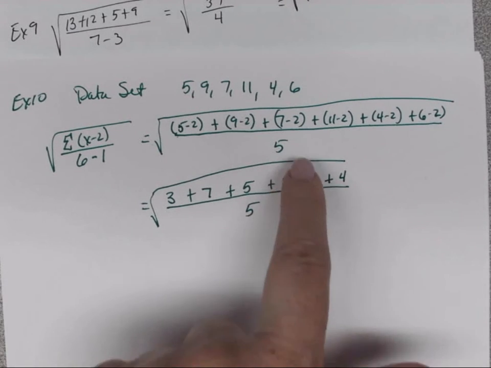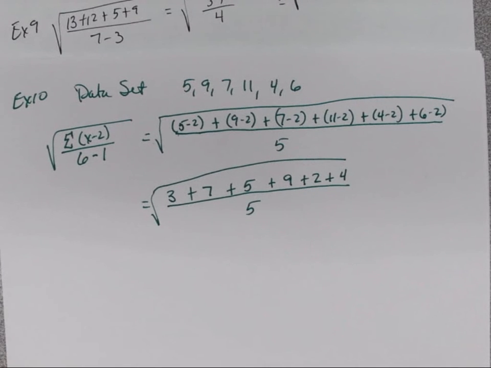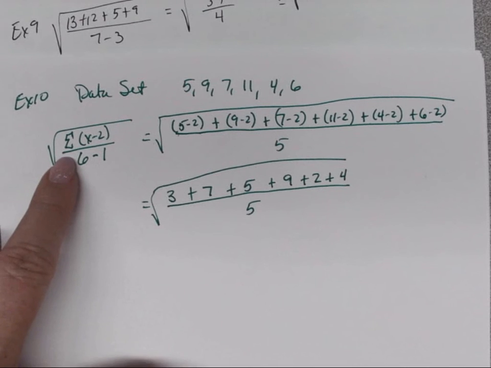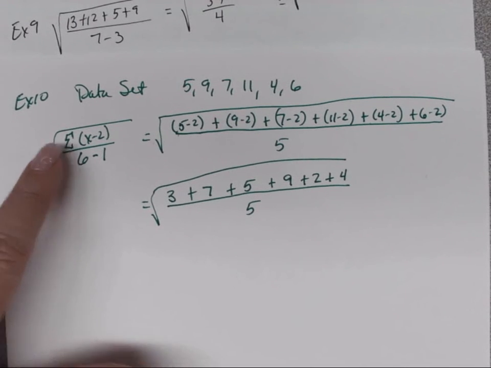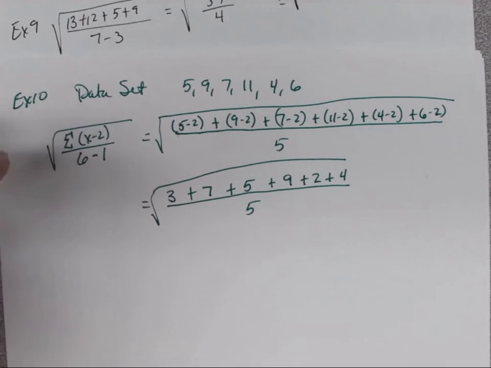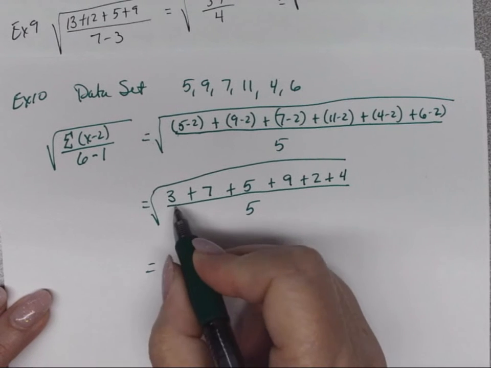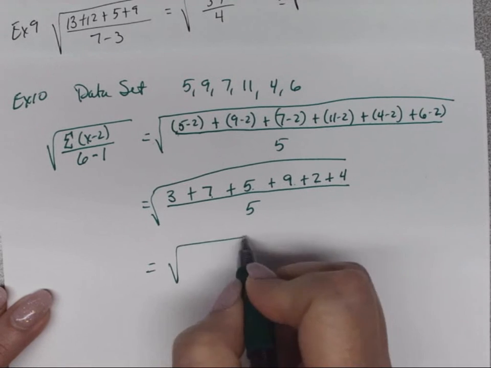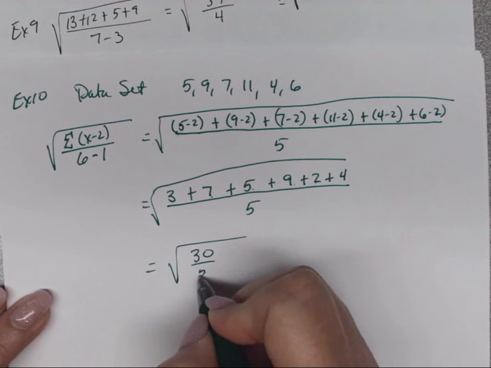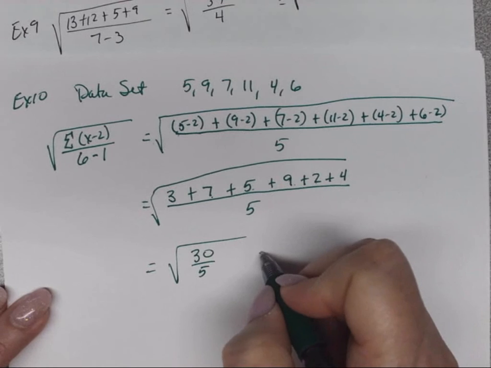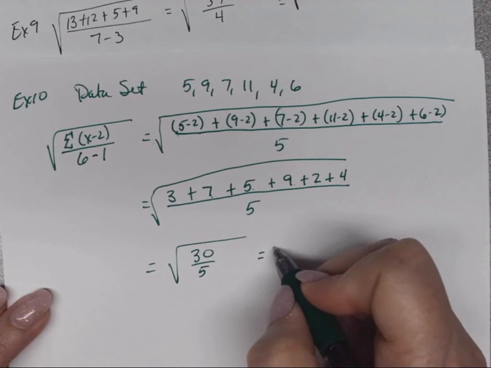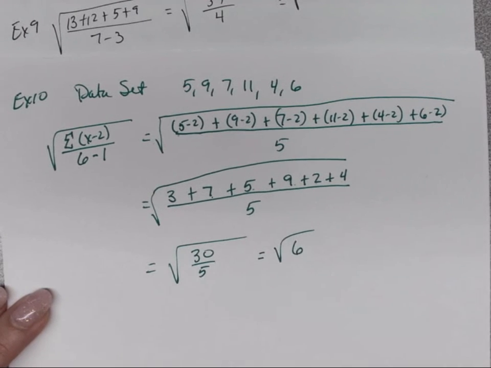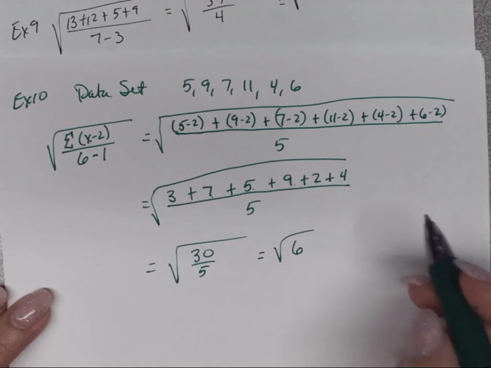You only write the 5 one time under all of them, not individually. Remember, this sigma is summation. You add all of the values and it's all under one radical. All right, so if I add 3 plus 7 plus 5 plus 9 plus 2 plus 4, I end up with 30 divided by 5, which gets us the square root of 6, because 30 divided by 5 is 6.